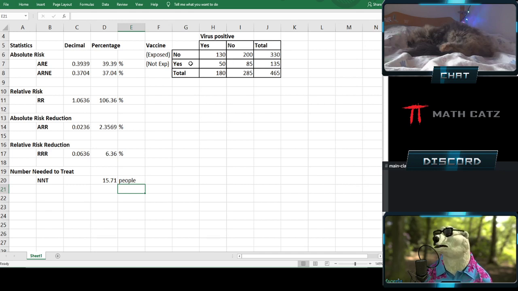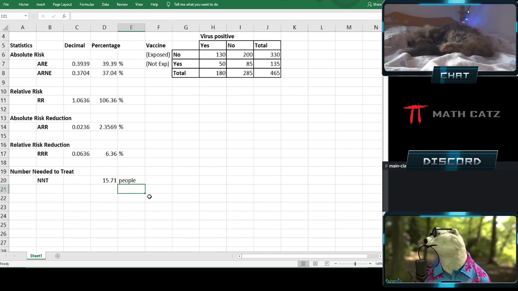I can then give these 15 people the vaccine, and one person that would have previously gotten the virus now will not. So I'll round it up to 16 people.